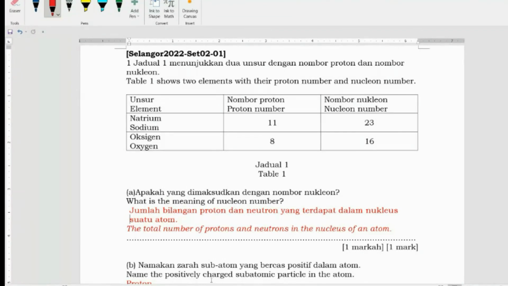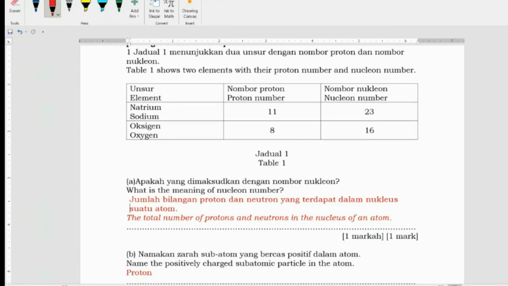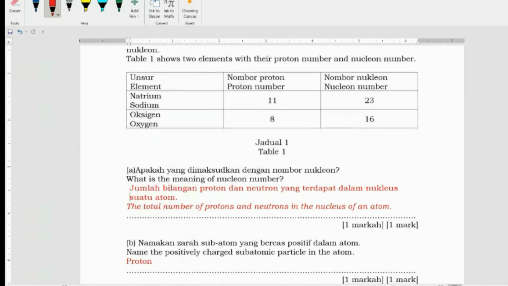Okay, positively charged. The positively charged subatomic particles in the atoms. So what is your answer? Positively charged subatomic particles. What are they? Proton. Yes, correct. Yes, proton.